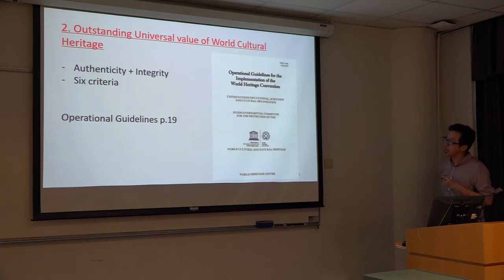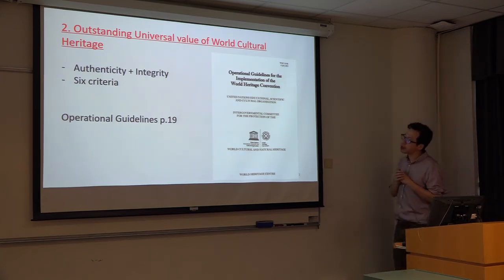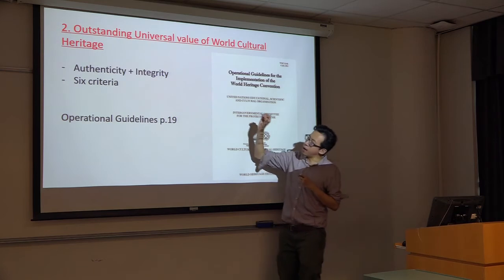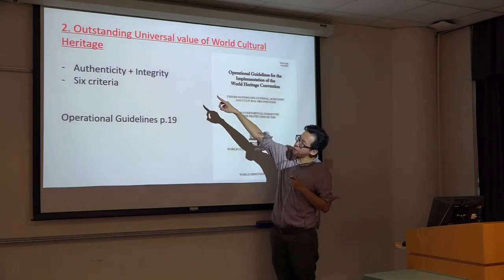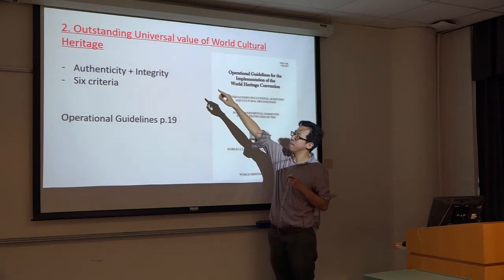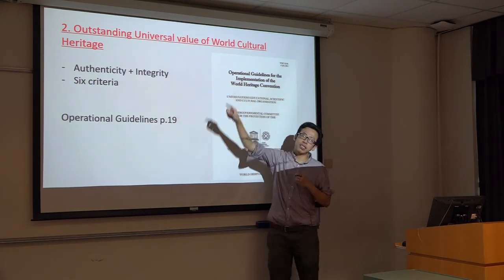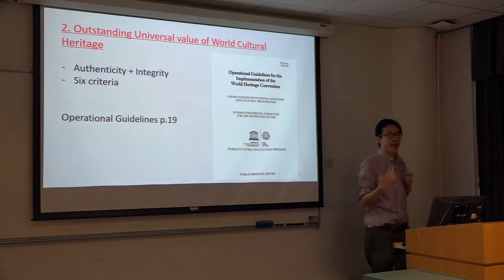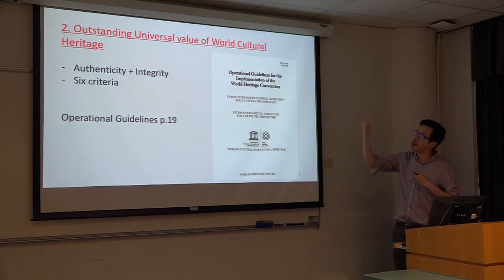So in these documents, it also highlights an issue which we already touched upon before, but I'm going to explain that later: outstanding universal value. Before, in lecture 1 and lecture 2, I talked about the ambiguity of understanding universal value.